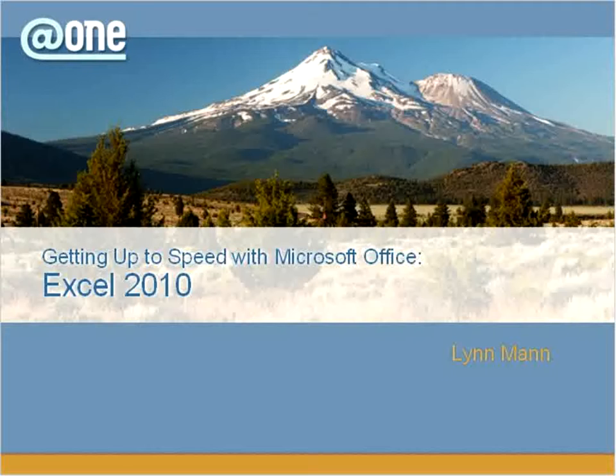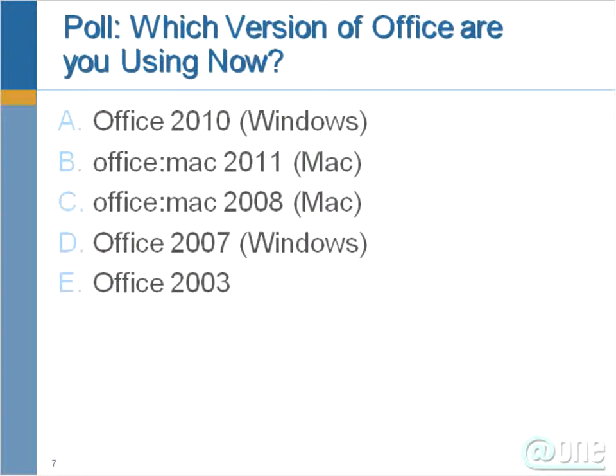So I would like to know, where are you right now? I'm going to go ahead and run a poll here. As you'll see, the poll is going to change to your letter choices. If you would, just select which Office you're using right now: Office 2010, Mac 2011 or 2008, Office 2007, or if you're back using 2003.